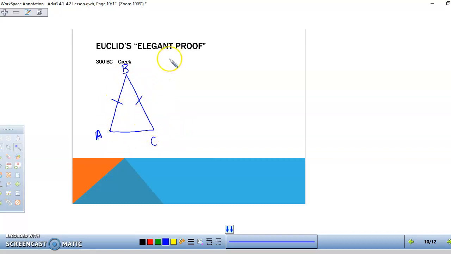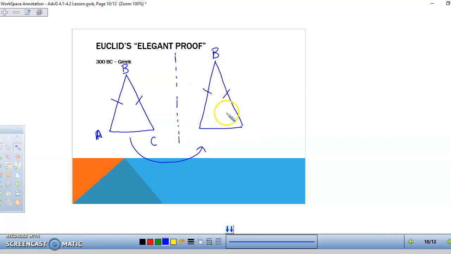So what Euclid said was, well, if I have a little line of reflection and I take this and I rotate and flip it over to the other side, what I end up with is a triangle that looks exactly the same. So B is still up here. These sides are still congruent.